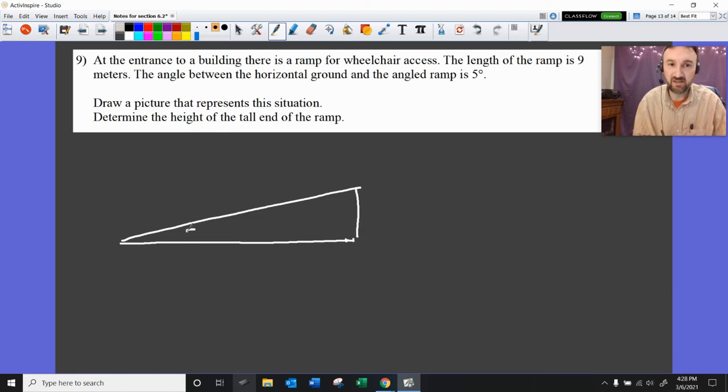But it says this angle is 5 degrees. Kind of hard to draw a 5-degree angle there. And the ramp is 9 meters long. Determine the height of the tall end of the ramp. That's this over here. So you could use some trigonometry to figure out the height of that tall end of the ramp.